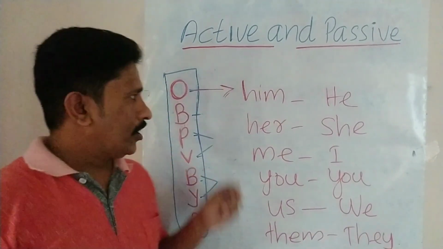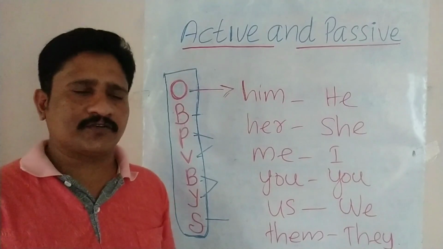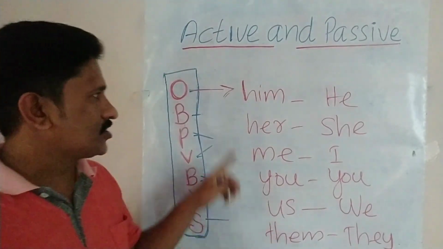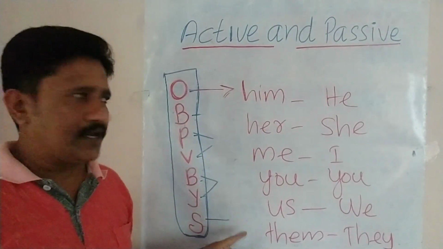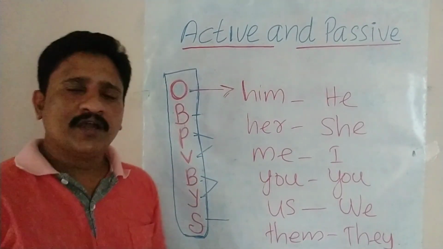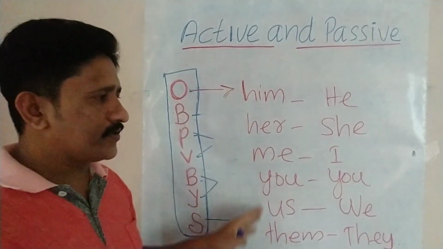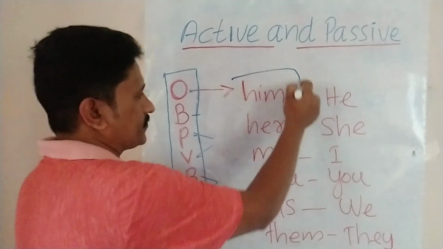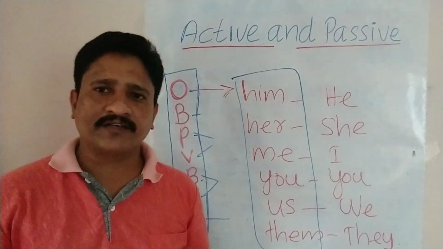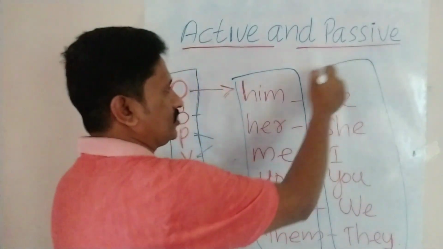Now, when you begin with the object in the beginning of the sentence in passive voice, when you take the object from active voice to begin the passive voice sentence, please remember these things. For example, him, her, me, you, us, and them. So if the active voice sentence ends in any of these pronouns, which is in the objective case, it has to be changed into the corresponding subjective case.